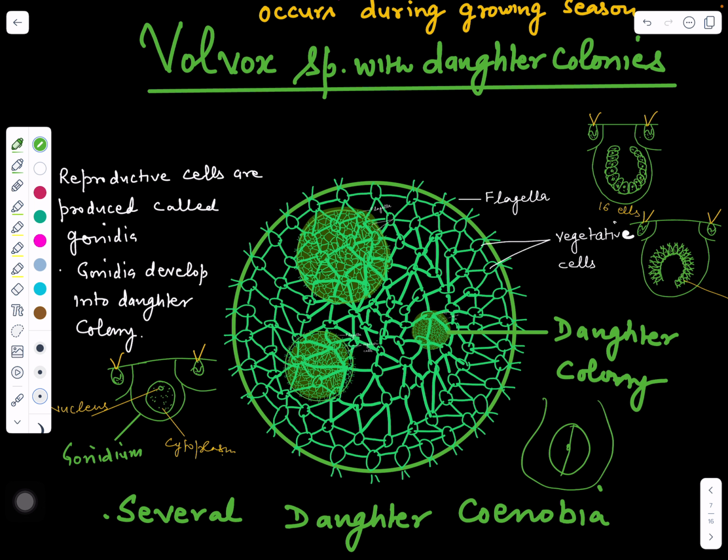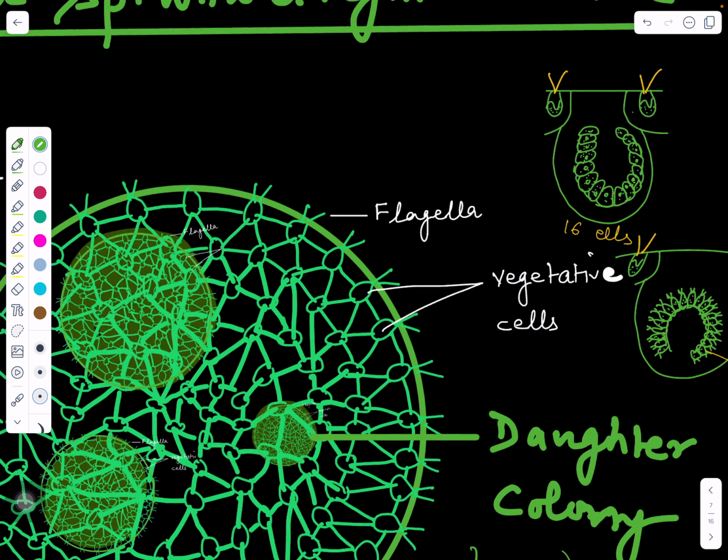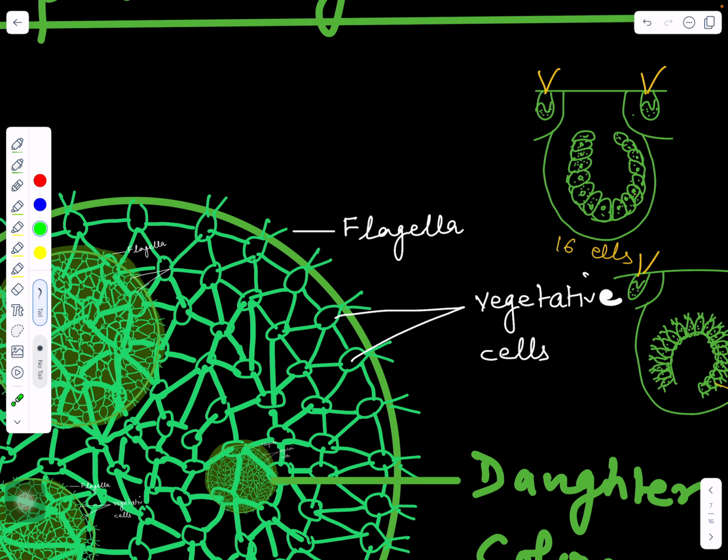will divide into 2 cells, then into 4 cells, like this. So when it keeps on dividing, it can form many cells, and longitudinally many cells are produced.